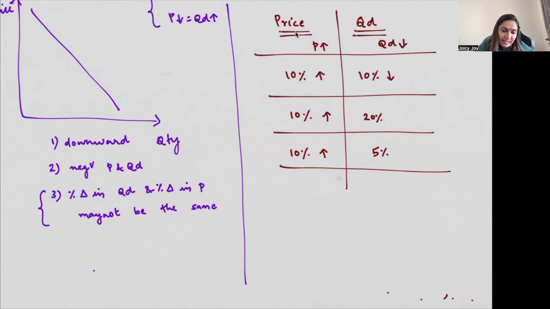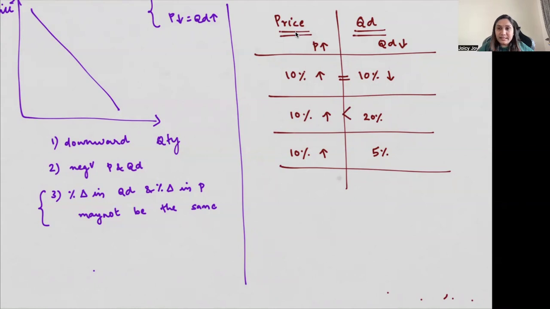Now, in the first case, you see that the percentage change in price and the percentage change in quantity demanded is the same, that is equal. But in the second case, what do you see? The percentage change in price is lesser than the percentage change in quantity demanded. Or we can say the percentage change in quantity demanded is higher than the percentage change in price.